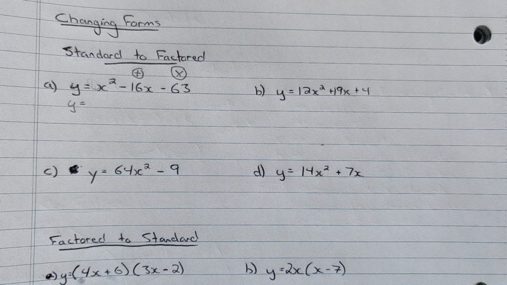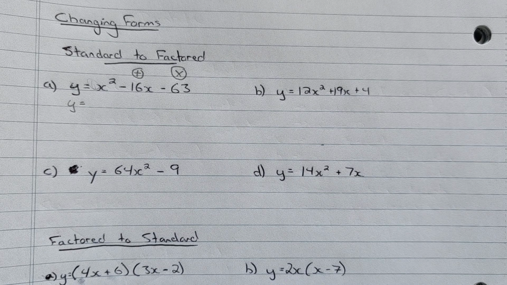Try and figure out which satisfy both conditions. Knowing that they multiply to negative 63, one of these numbers has to be negative, so one's going to be negative, one's going to be positive.